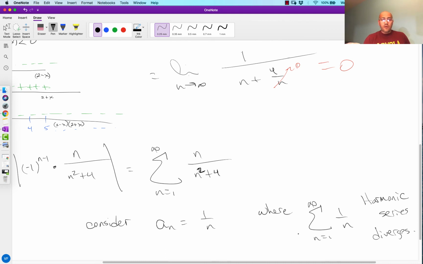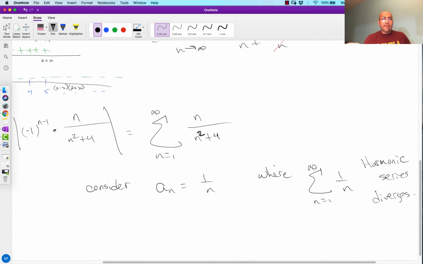Diverges. Okay, well, the limit comparison test indicates that if we divide these two and find the limit as n goes to infinity, if it equals some constant greater than 0, then both series will be tied together, right? They will both be divergent or they will both be convergent. So let's do that.